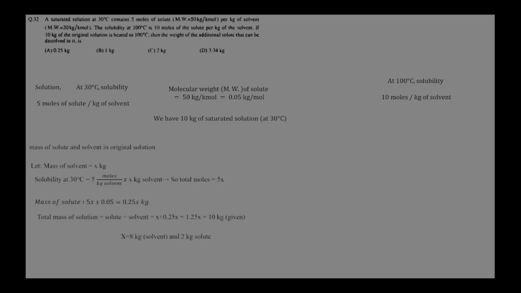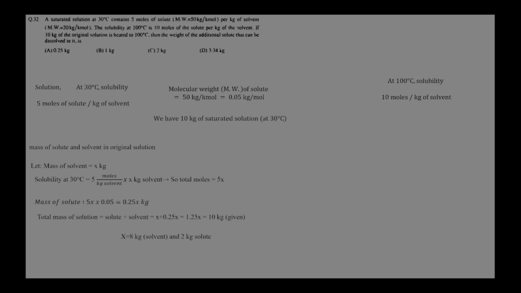Now the mass of solute and solvent in the original solution of 10 kg: let the mass of the solvent be x kg. Solubility at 30 degrees Celsius is 5 moles per kg solvent, into x kg solvent, so 5x. Mass of solute is 5x into 0.05 kg, that is 0.25x kg.